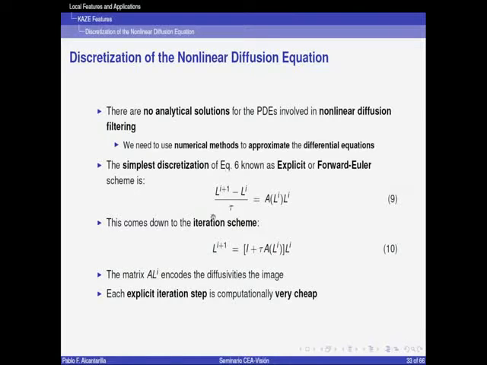So at the end, we come down to an iterative scheme that is shown in equation 10. The problem with this explicit scheme is that each explicit iteration step is computationally very cheap, because we just need to do some matrix multiplications and some additions, but we need to perform many iterations to reach a desired scale space evolution level.